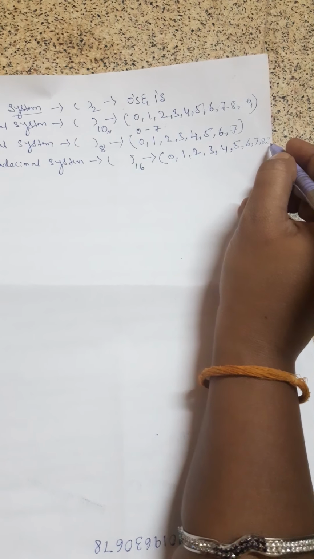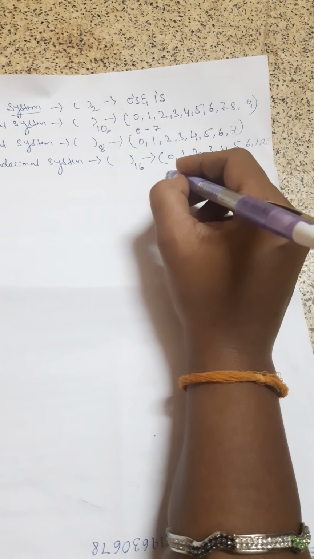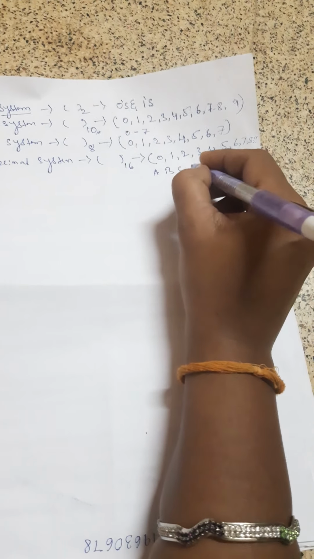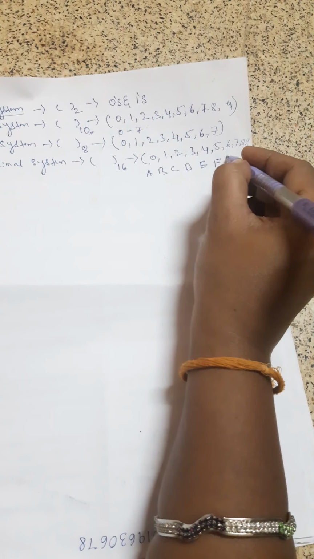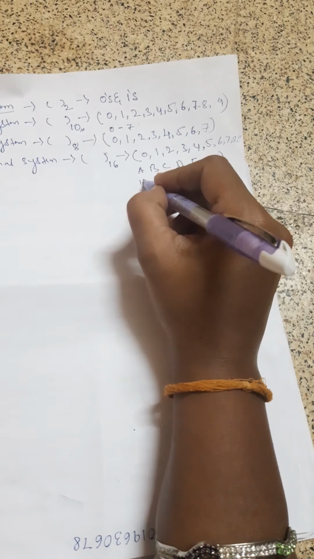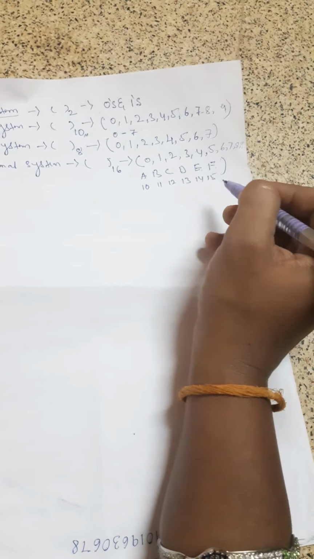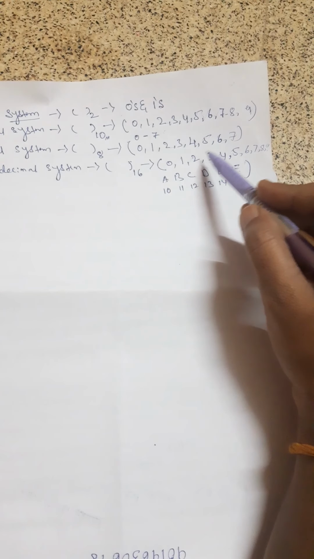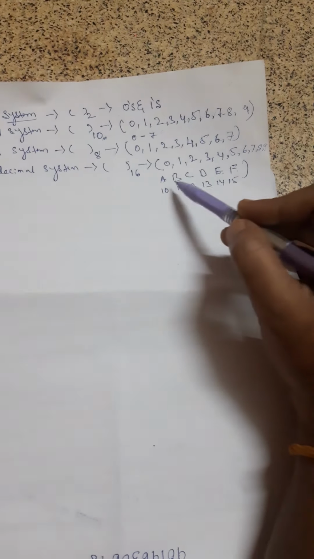After 9, the number would be 10, but instead of 10, 11, 12, 13, 14, 15, we have to write A, B, C, D, E, F. These are important points which you have to remember in hexadecimal: after 9, instead of numbers we take letters, that is A, B, C, D, E, F.